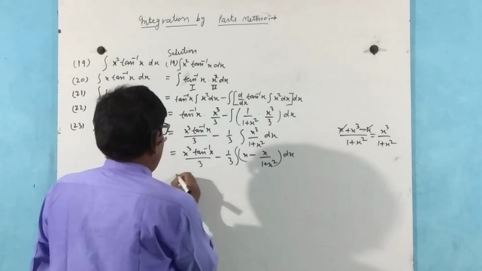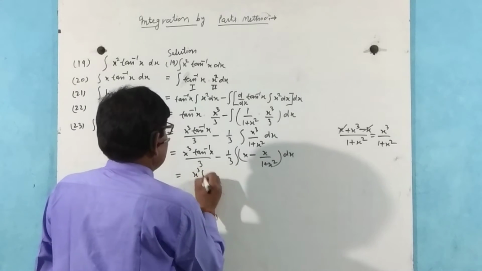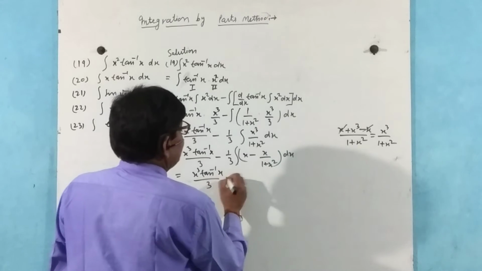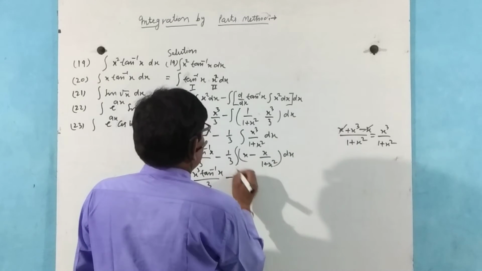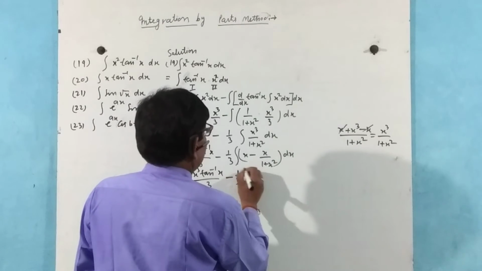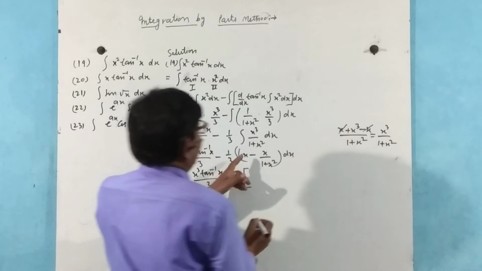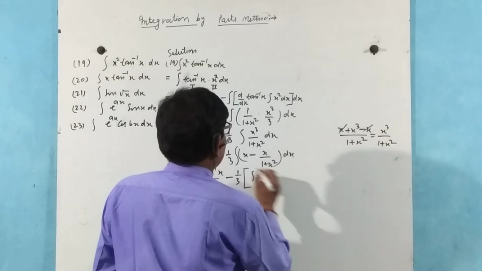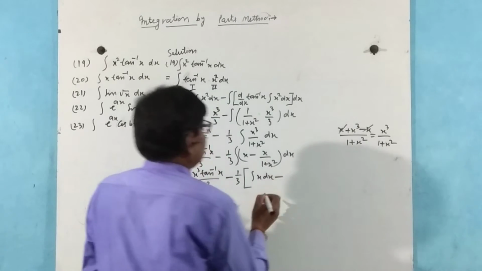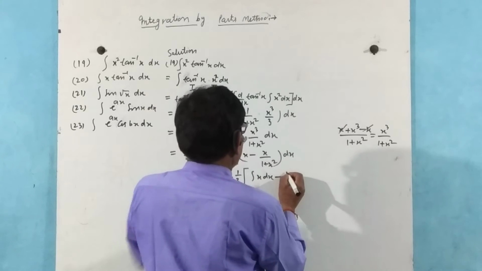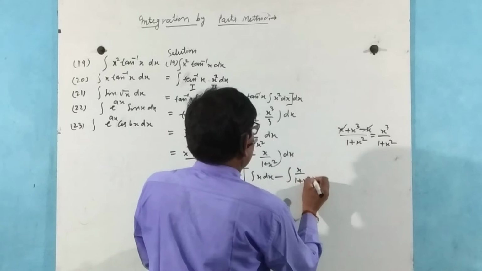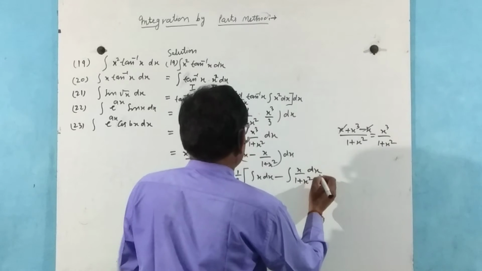So we can write x cube tan inverse x by 3 minus 1 by 3, the integration of x dx, minus the integration of x by 1 plus x square dx.